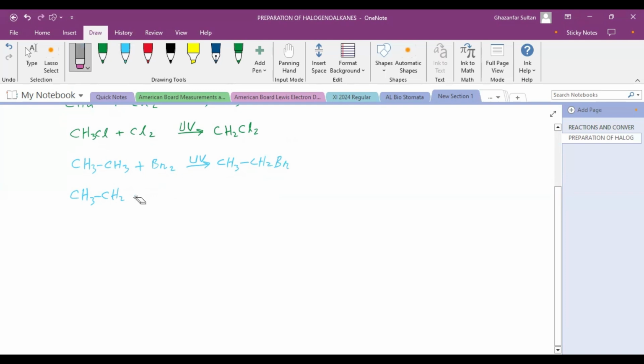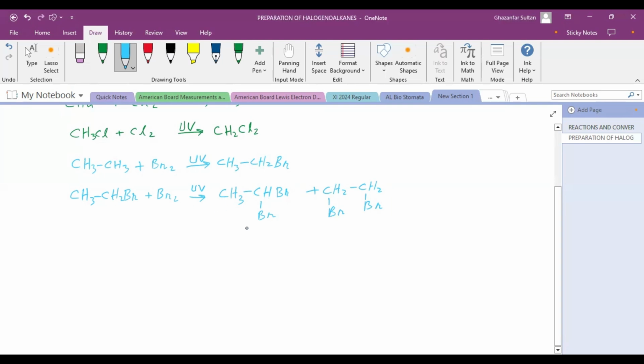And if we react it further with the same reagent, bromine in presence of UV light, it produces two products because there are equal chances that bromine attaches to the same carbon atom or the other carbon atom. So one was already on this carbon atom and another can come to this carbon atom as well.